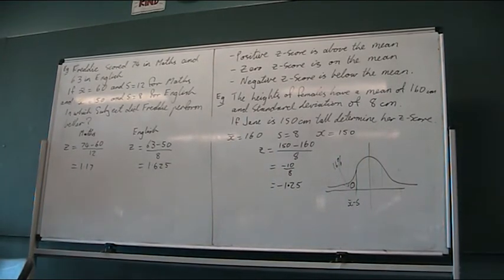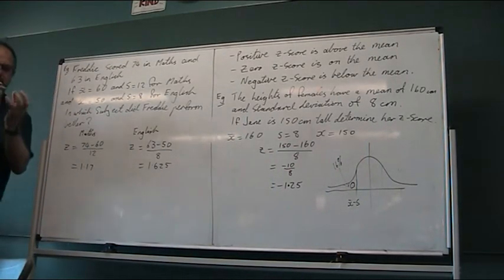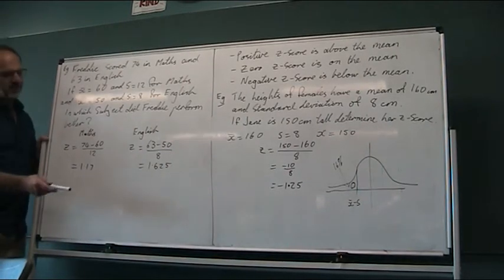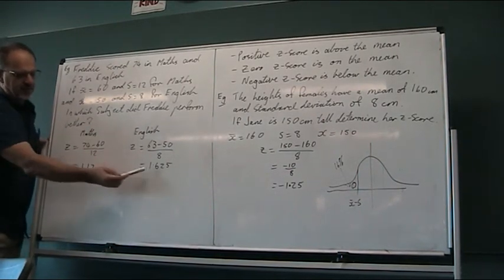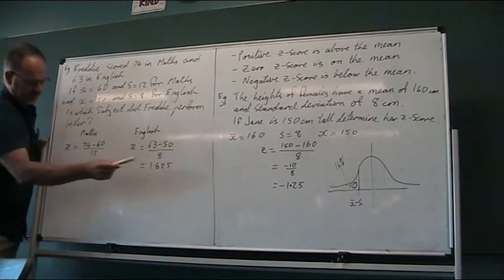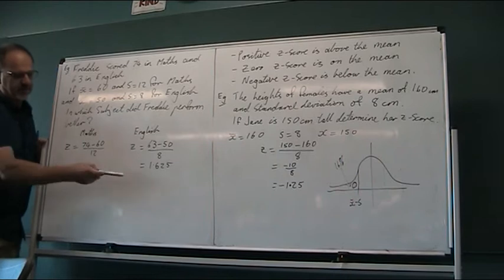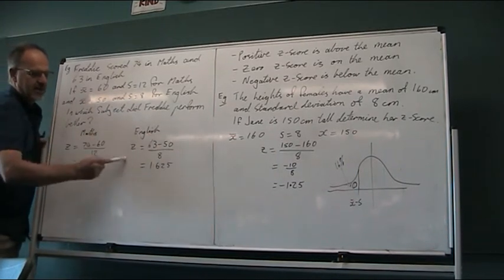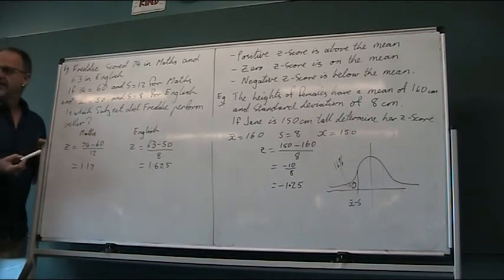So in terms of Freddie's performance in the groups, he's performed better in the English group because he's got a higher Z score, 1.625 compared to 1.17. So he's further above the mean in English than he was in maths.